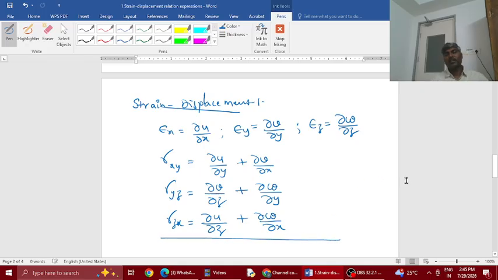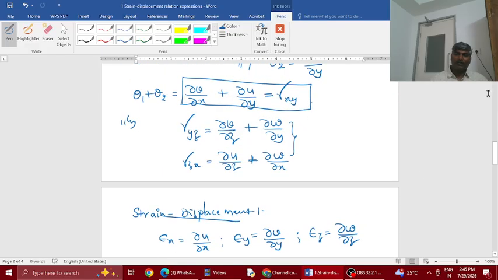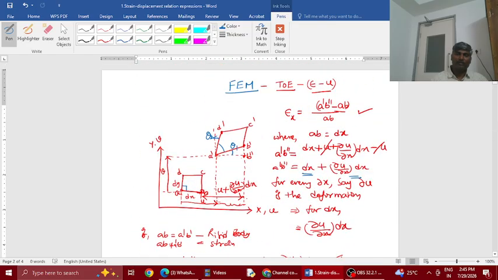These are called strain displacement relations. Okay, so this content is actually from theory of elasticity, which is very much needed for the finite element method. Okay, right, thank you.